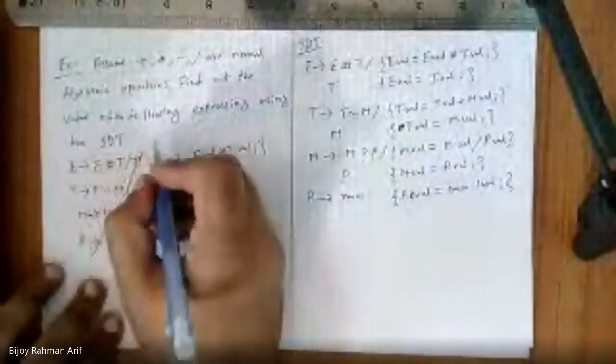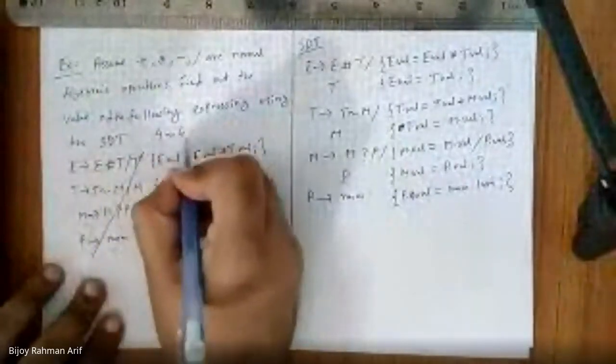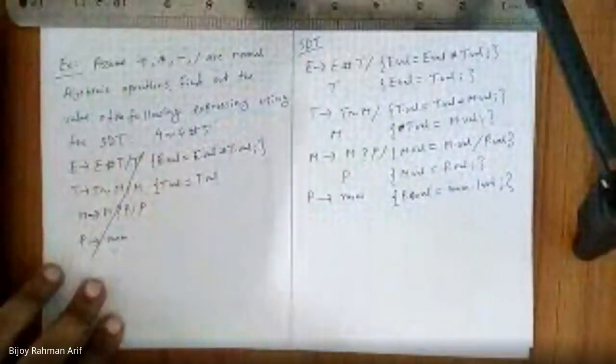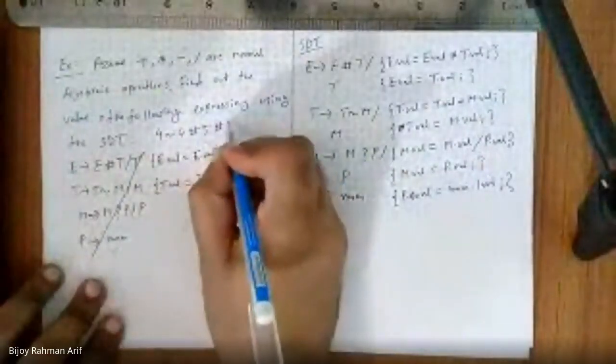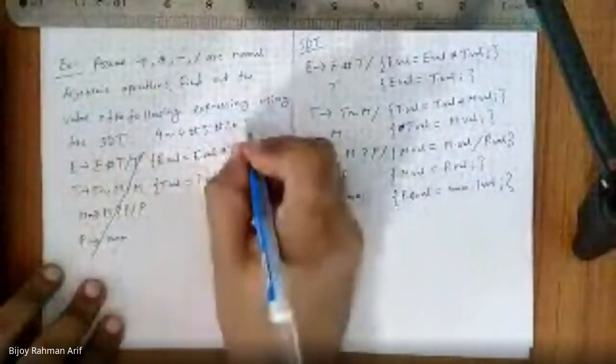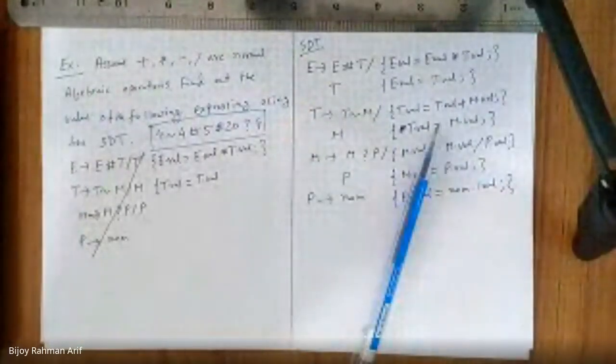So let's assume my expression is like this: 4 wiggle 4 hash 5 hash 20 question mark 4. You have to find out the value of this. So how can I find out the value of this? 4 wiggle 4 hash 5 hash 20 question mark 4. So what would be the answer? Tell me.